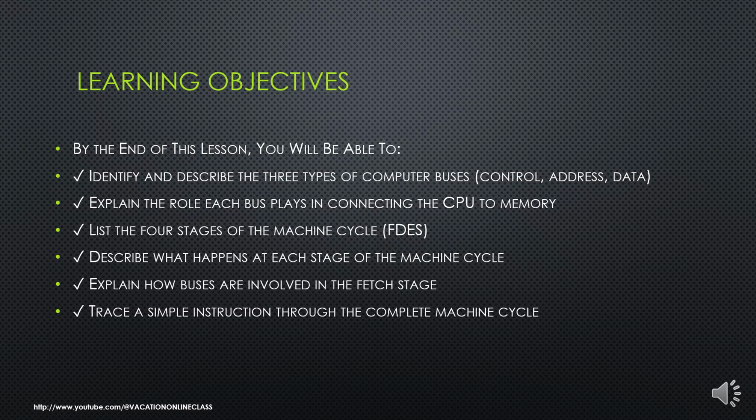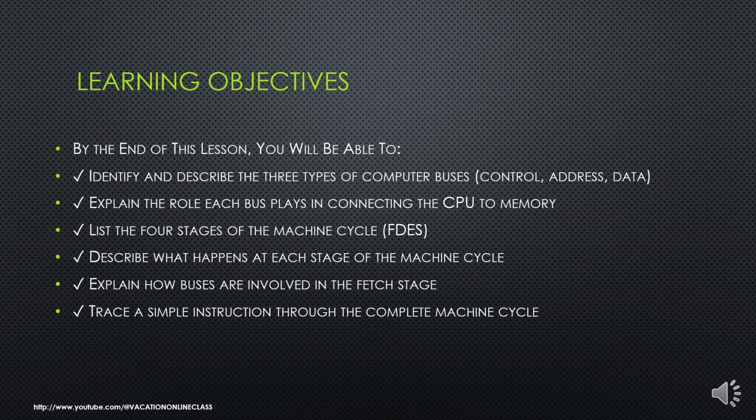Learning objectives: by the end of this lesson, you'll be able to identify and describe the three types of computer buses: control, address, data. Explain the role each bus plays in connecting the CPU to memory.